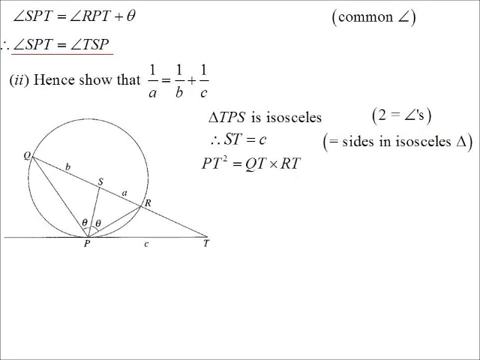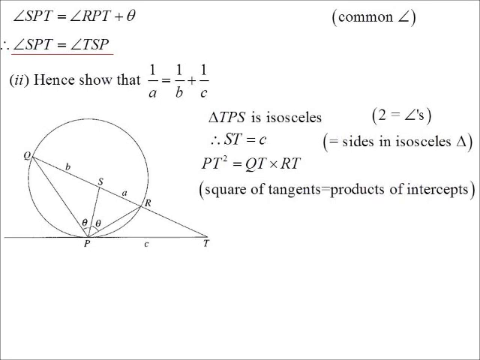Now I use the old endpoint of the chord to the point of intersection times endpoint of the chord to the point of intersection. But it's a tangent situation here. So it's PT squared will end up being QT times RT.